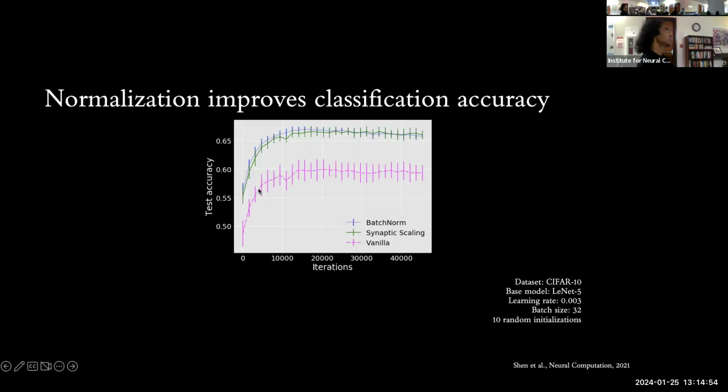And even with very few iterations, it already gets much better task accuracy compared to the vanilla model. And synaptic scaling and batch normalization have almost identical performance behaviors here. And why could that happen?